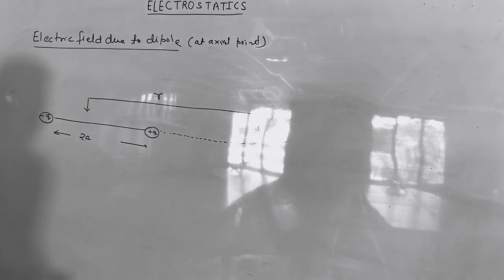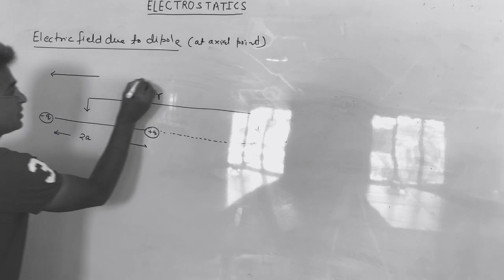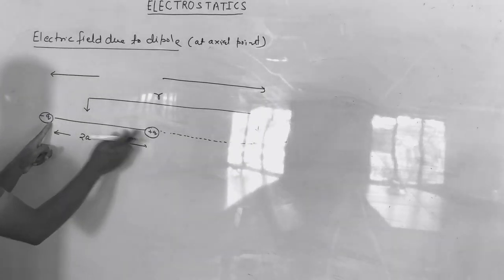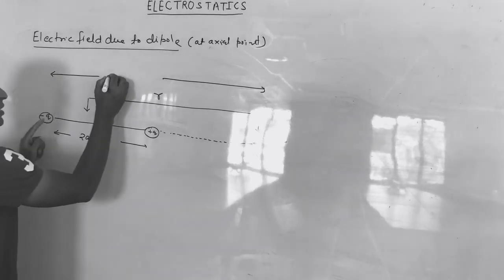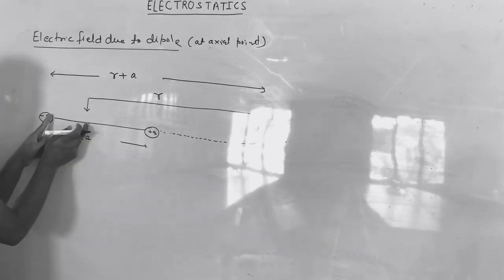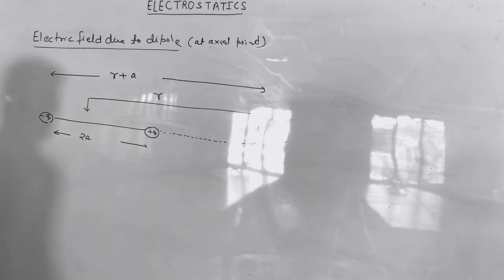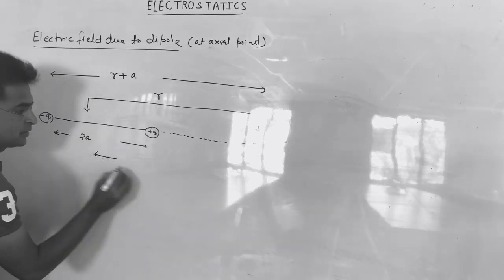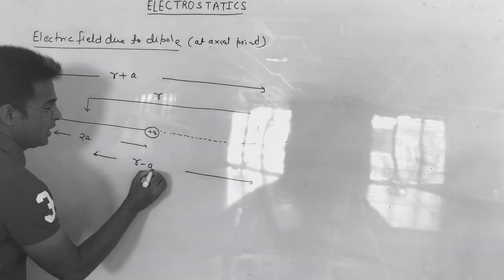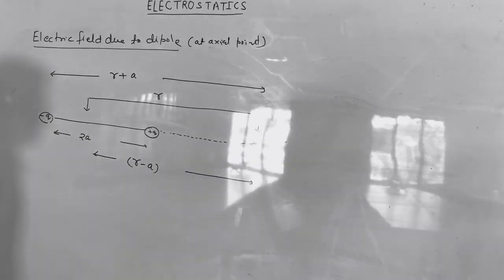Now this distance will be R plus A, because this is R and this part is A. Similarly, this distance will be R minus A.